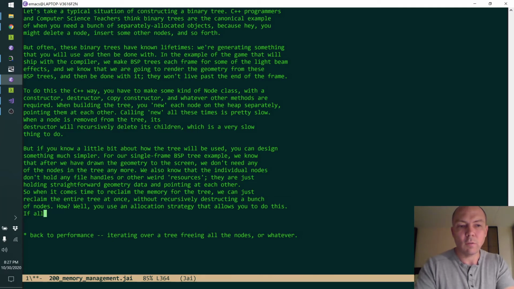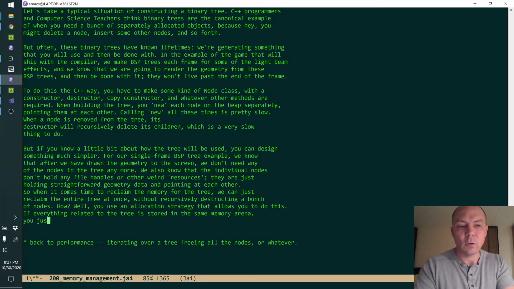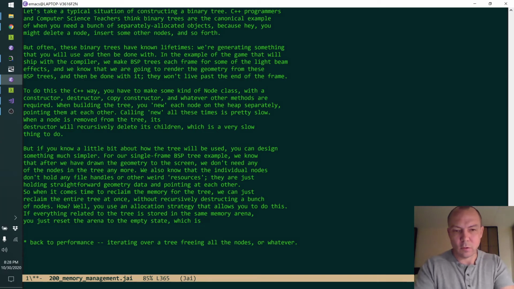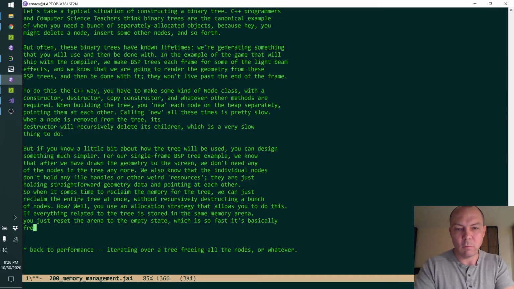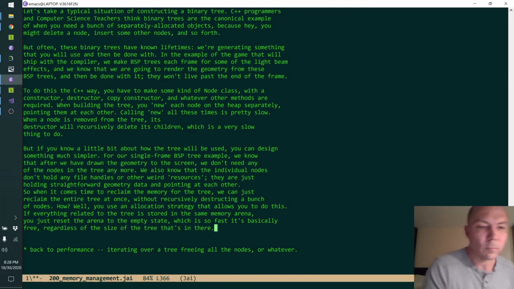If everything related to the tree is stored in the same memory arena, you just reset the arena to the empty state, which is so fast it's basically free, regardless of the size of the tree that's in there. Right?